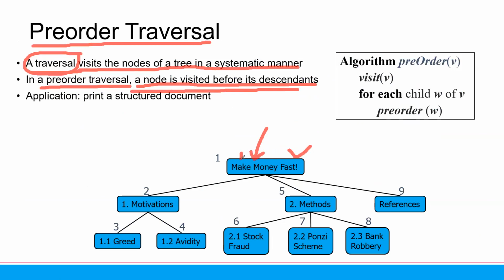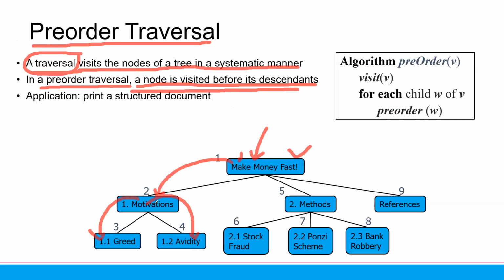Then after I visit this one, I can visit the left, this one, and then I will visit this one. Okay, finish, because I already visit all the nodes before its descendants, and then I can visit this one.